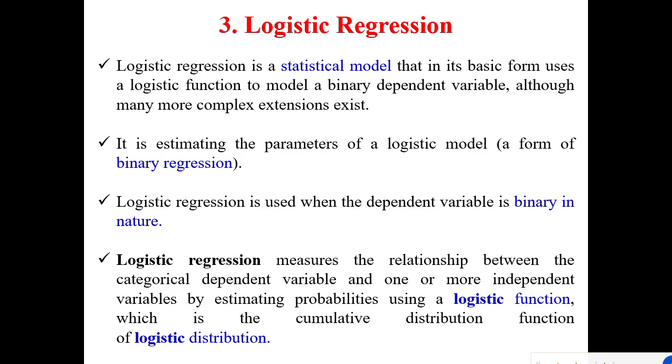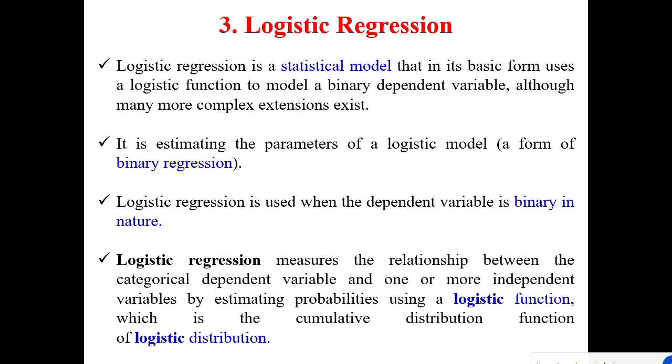Logistic regression is a statistical model that in its basic form uses a logistic function to model a binary dependent variable, although many more complex extensions exist, like a 1 and 0 combination. It is estimating the parameters of a logistic model, a form of binary regression.